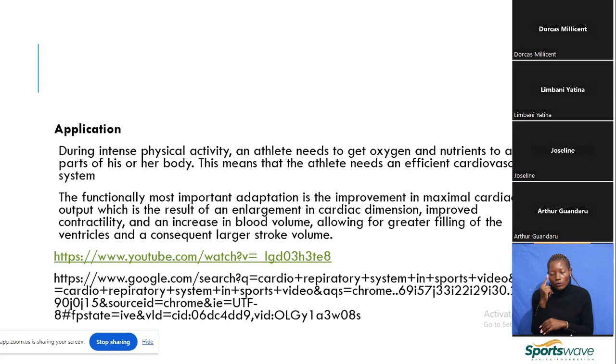This is the system, especially for endurance athletes, that really needs to be trained, and it's the most important adaptation you would have to work on to bring about efficiency. I've given 2 links there that you can go through to get a better explanation about this system.